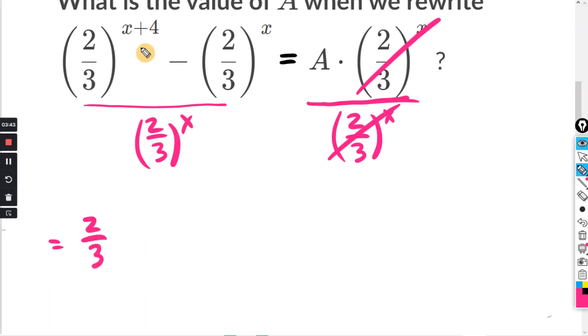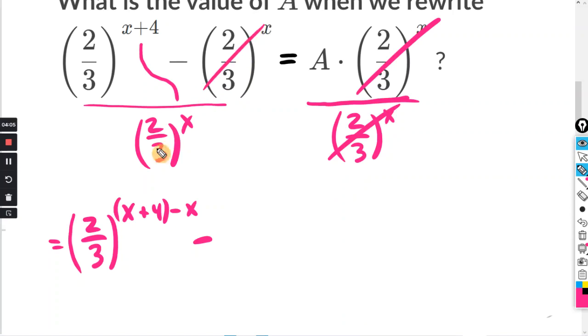And this exponent is going to be x plus 4 minus x. I'm just subtracting the exponents. And then I have a negative sign here, and that's going to be 2/3 to the x divided by 2/3 to the x.